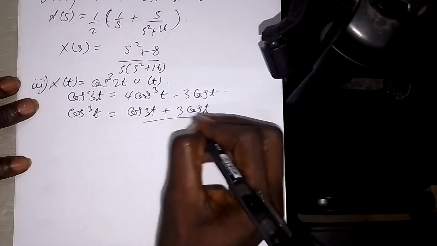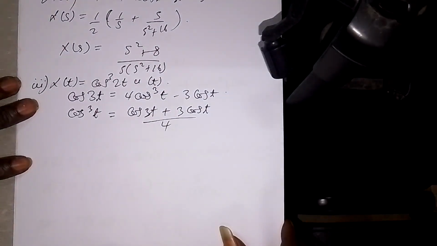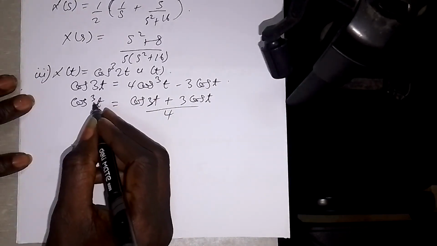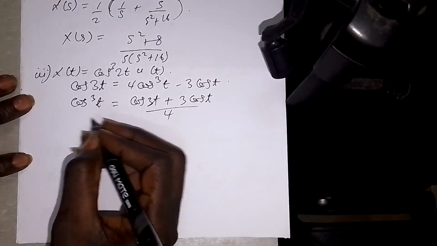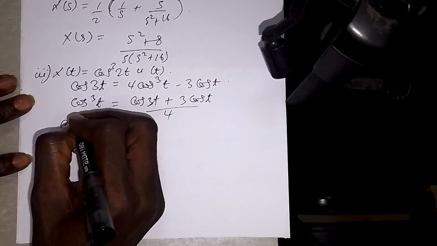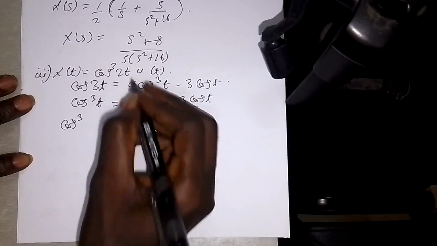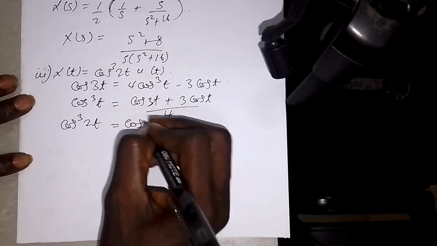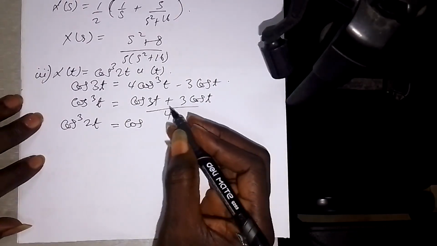Okay, over 4. So now here I have to bring in 2. If I bring in 2, then I multiply all here by 2. So cos cube 2t, which is this one, which I'm looking for, is equal to what?